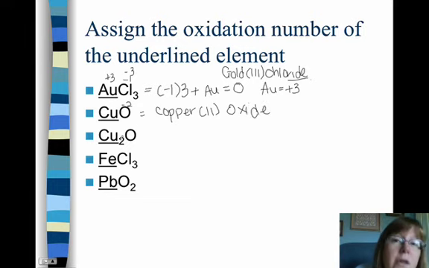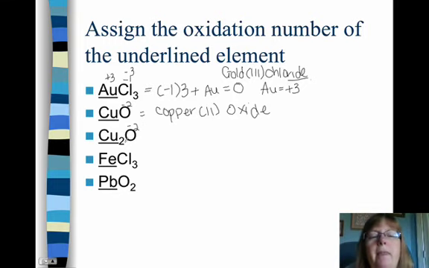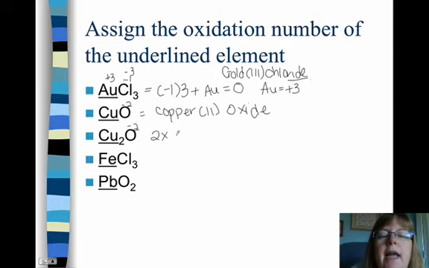Here we've got 2 coppers, and both of those coppers have to add up to have a charge equal to -2. So here we go. Each of these coppers, so we've got 2 coppers, and we're going to add to that the -2 from oxygen. And when we add up copper's positive charge with oxygen's -2 charge, it has to equal 0.